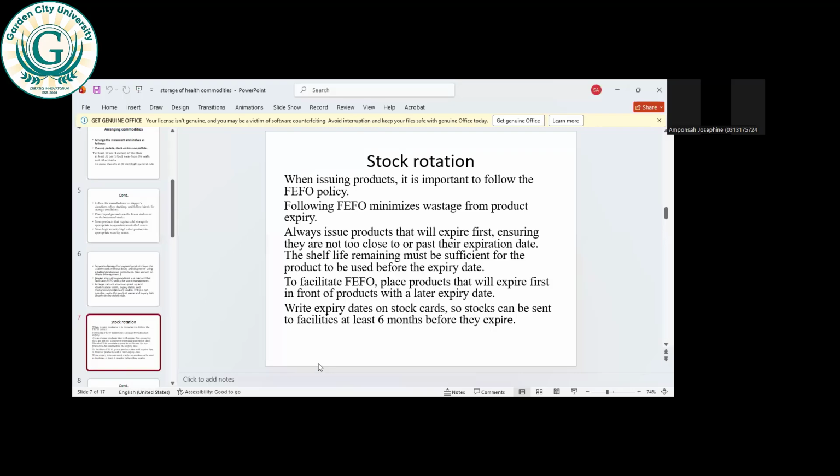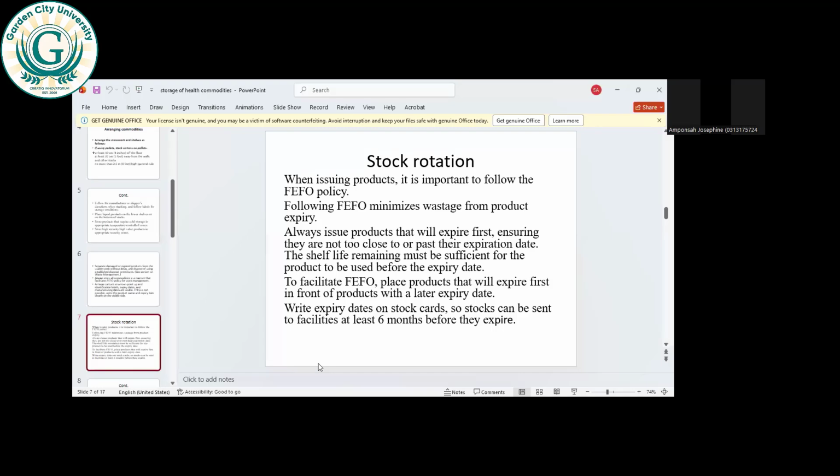You write the expiring date on the stock card so stocks can be sent to facilities at least 6 months before they expire. And they're saying that 6 months is the best case scenario. One disadvantage of theories is that they always look at the best case scenario rather than the actuals.